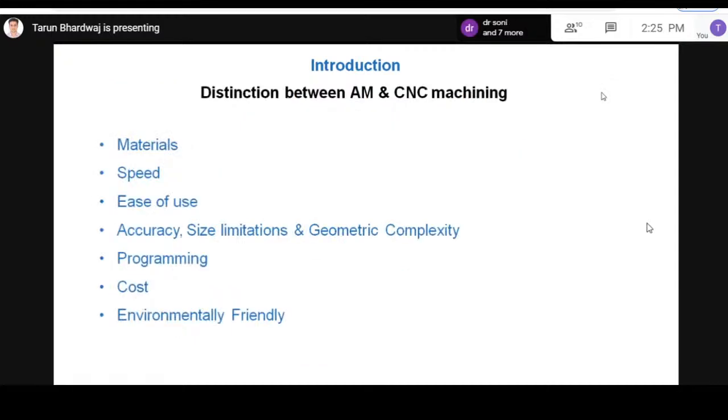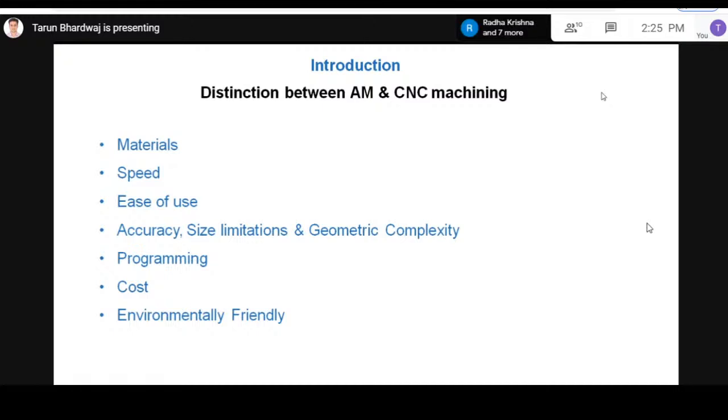So what is the distinction between AM and CNC machining? From the point of view of materials and speed, it has a very high speed. If we just talk about laser speeds, they are quite high, and the ease of use and the accuracy are very good. There is size limitation and geometric complexity, and we have to do some programming in that, just like CNC.